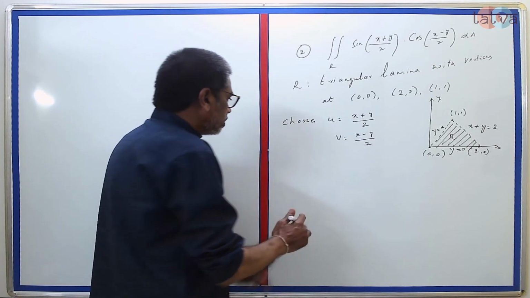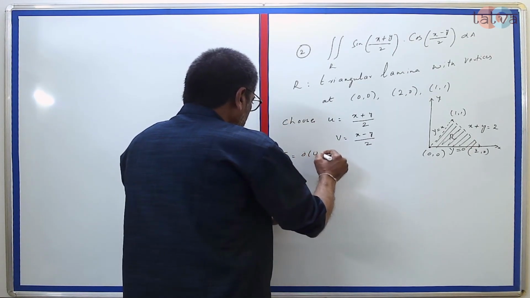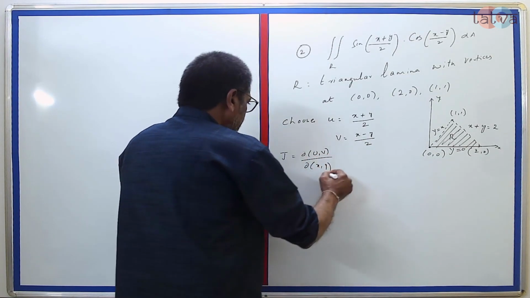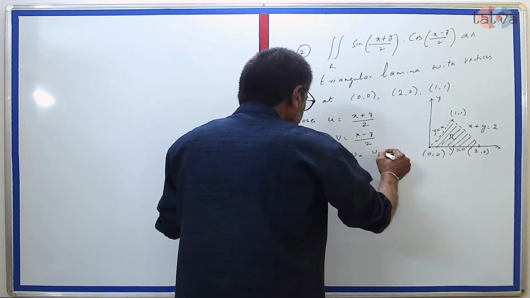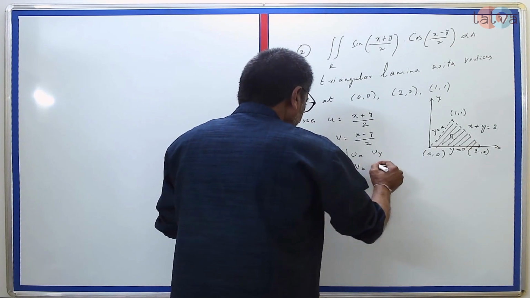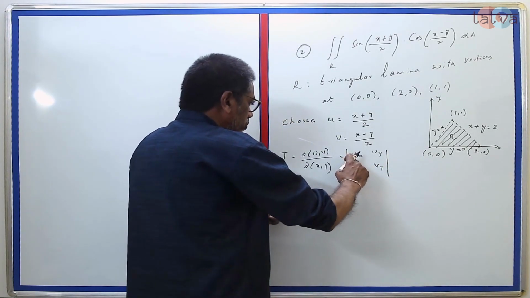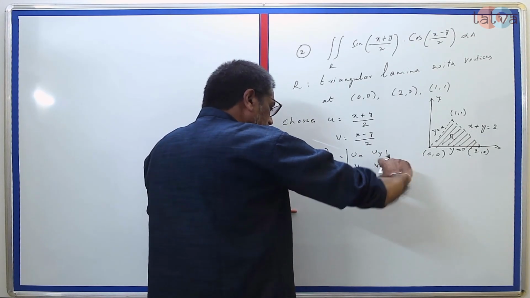But don't stop here. You find out the Jacobian ∂(u,v)/∂(x,y), which is a determinant having partial derivatives of u in the first row, partial derivatives of v in the second row.